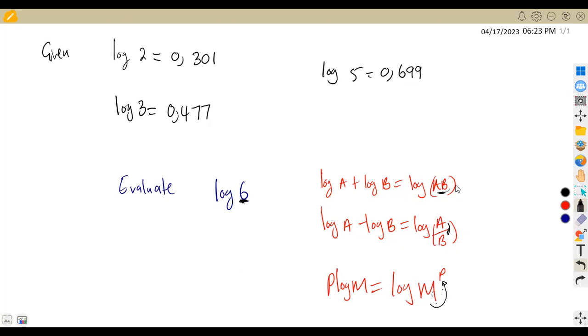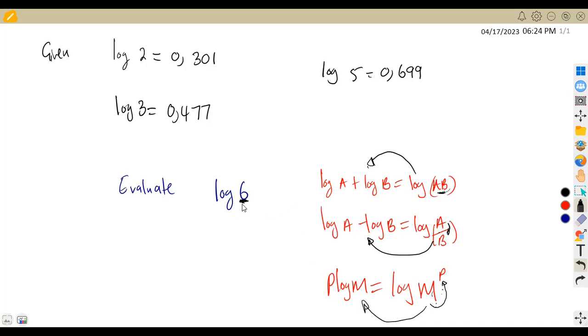If I can write it in any of these formats, I'm going to reverse back to the law. If I'm multiplying, I'm going to add the logarithms. If I'm dividing, I'm going to subtract. If I am raising to a certain power, I'm going to multiply by the power.